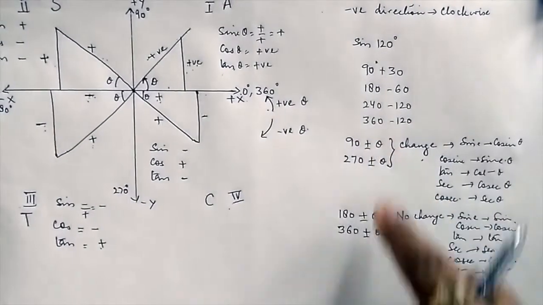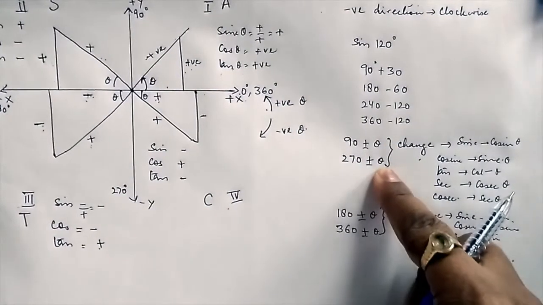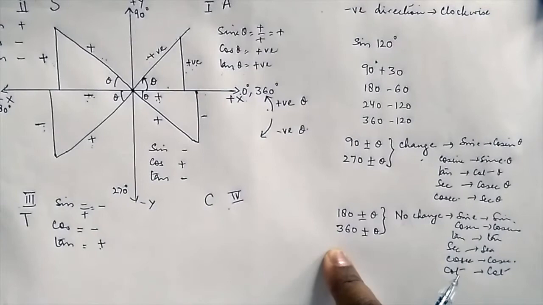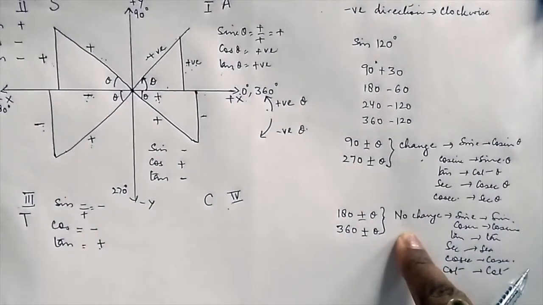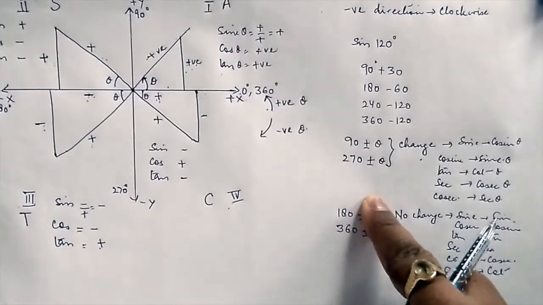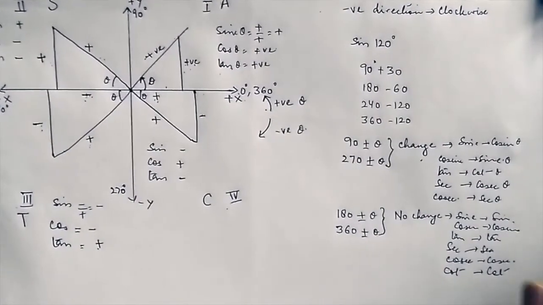So we have two conversions: 90 plus minus and 270 plus minus are a change, and when you have 180 plus something or 360 plus something, minus also similarly, it would not mean any change. Now how do we apply this, whether it's 90 plus, 270, 180 or 360?